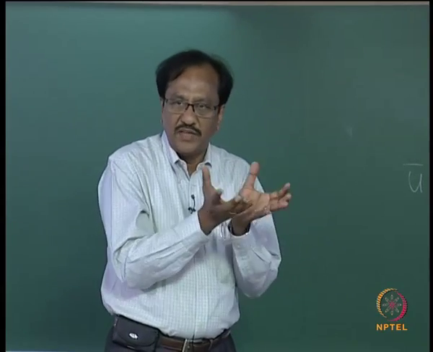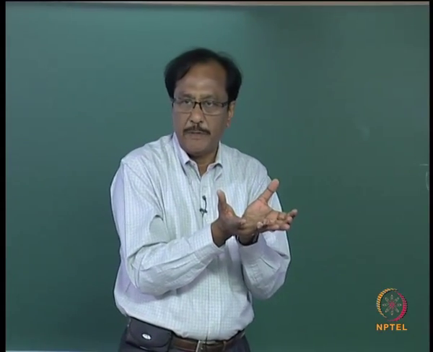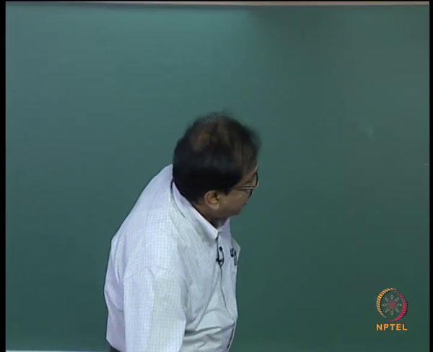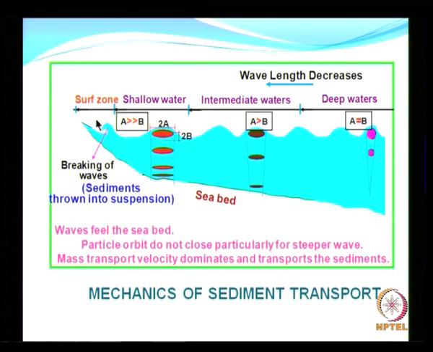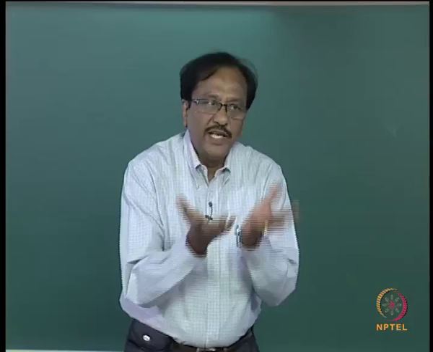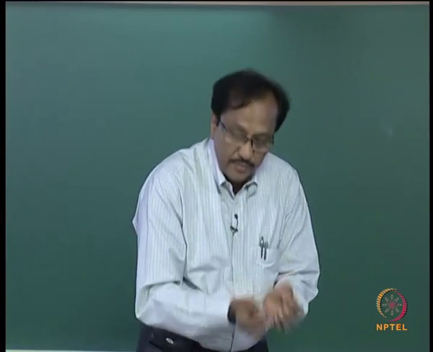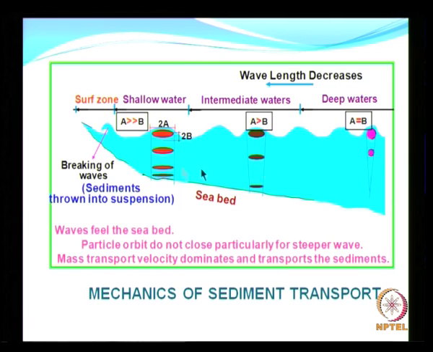That is where it is really brought to the surface. When it is brought to the surface, you have sand in suspension and sand moving as bed load also. So, most of the sand is now within the surf zone.